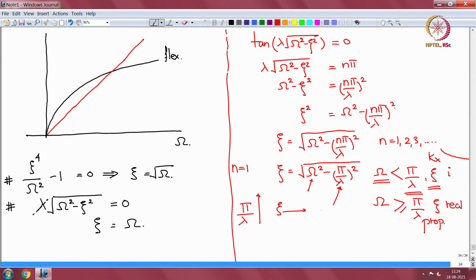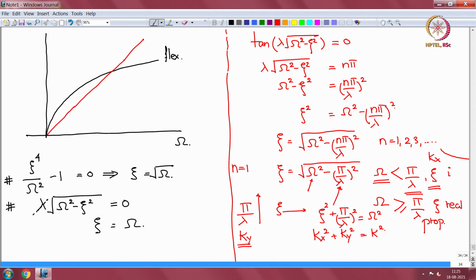From here you can see that xi square plus pi by lambda whole squared is equal to omega squared, which is very similar to kx squared plus ky squared is equal to k squared. Now pi by lambda is the non-dimensional wave number in the ky direction.